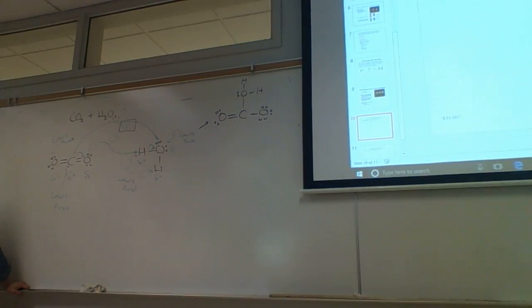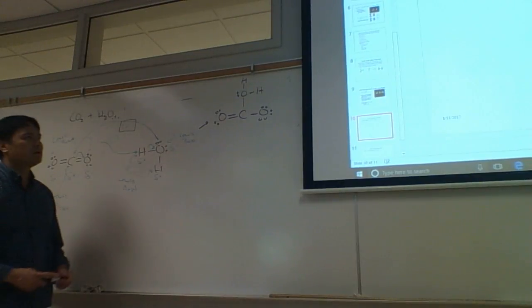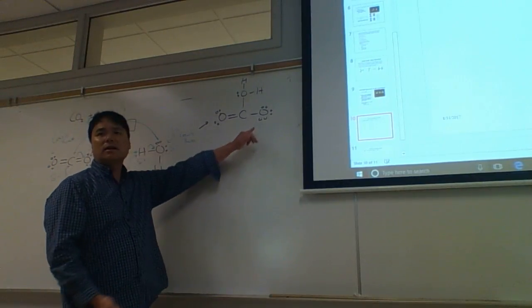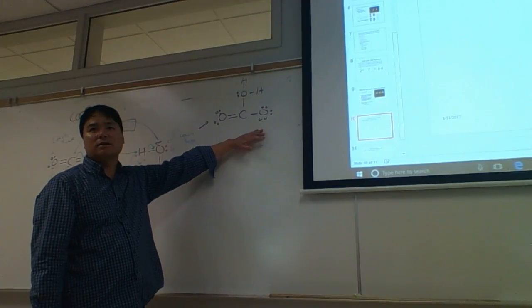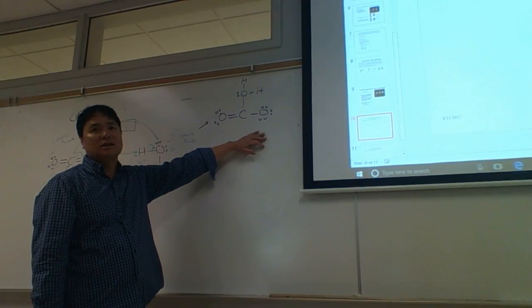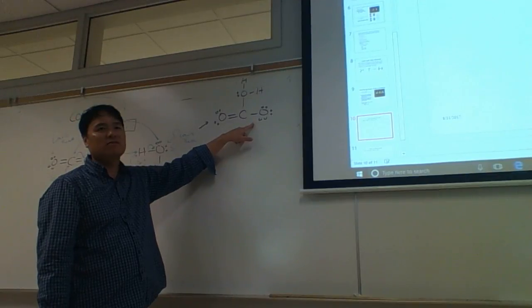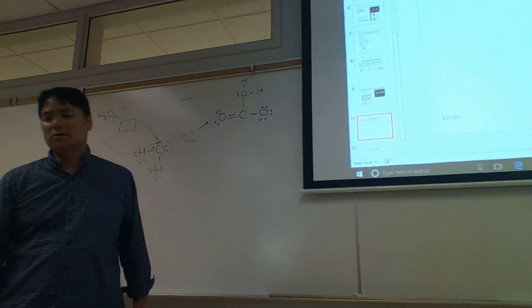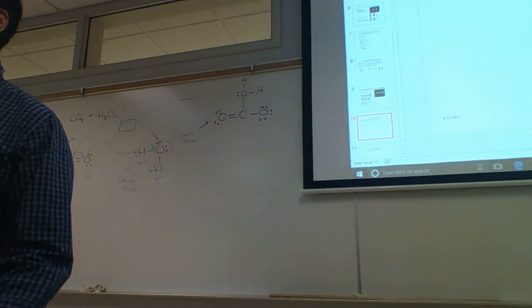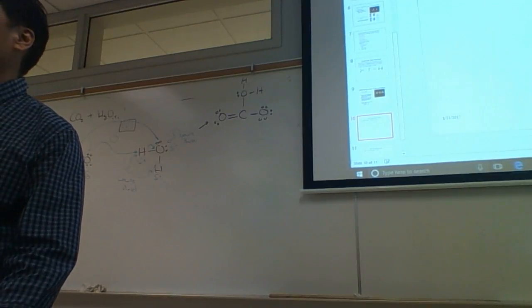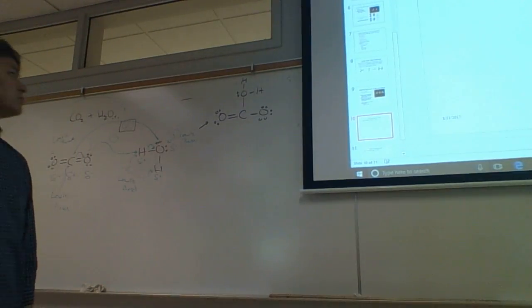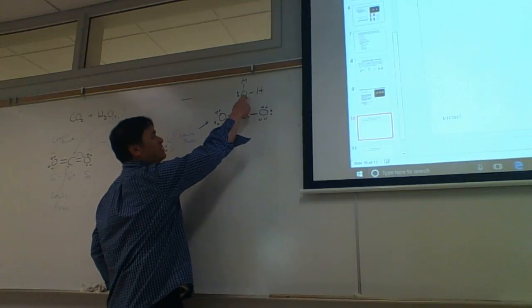When you look at the Lewis structure, does it look good to you? No, it doesn't look so good. What's wrong with it? Does it violate the octet rule? Does this Lewis structure violate the octet rule? It actually, you know what? It does not violate the octet rule. So if it doesn't violate the octet rule or the duet rule, what's wrong with it? The formal charges. The formal charge is all screwed up. What's the formal charge on this oxygen?